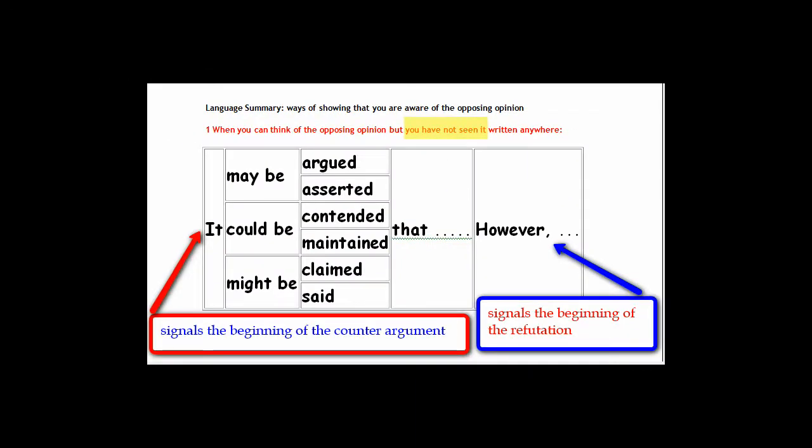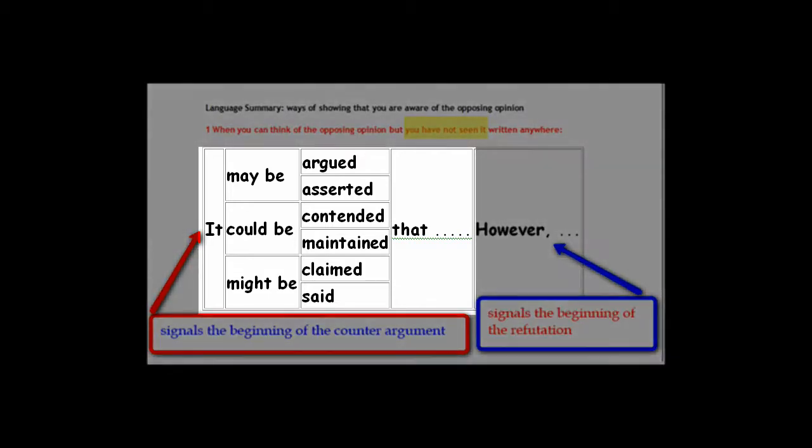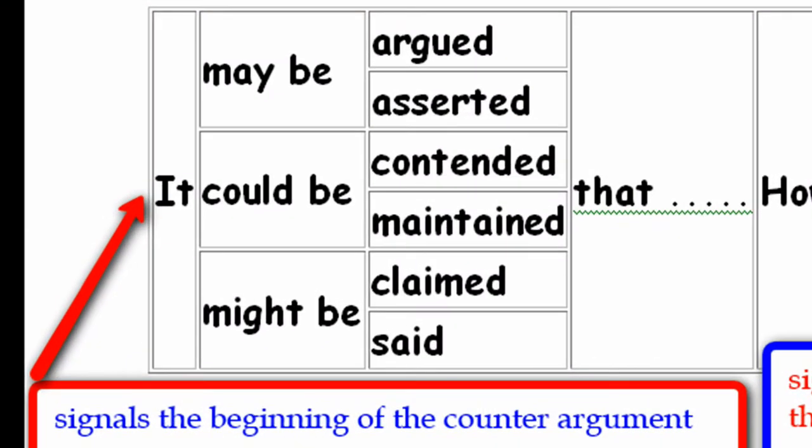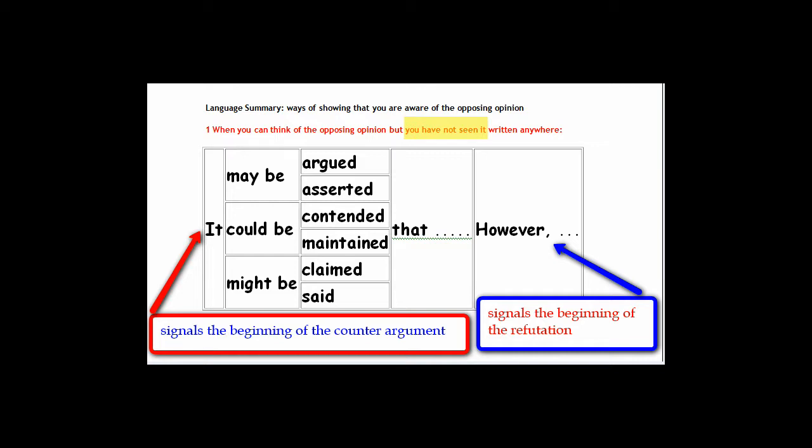Here, as you can see, we have the signals that show the beginning of the counter-argument. They include phrases like, it may be argued that, or it could be contended that, or perhaps even it might be said that. These are signals which show the beginning of the counter-argument.